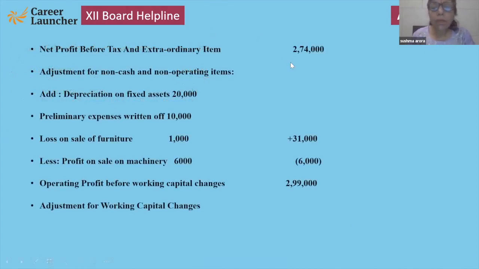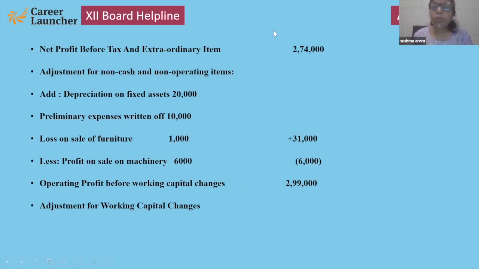Now, in the net profit before tax, do the adjustments. Okay, see the adjustments. Depreciation, preliminary expenses, loss on sale of furniture, okay, and profit on sale of furniture to be deducted.